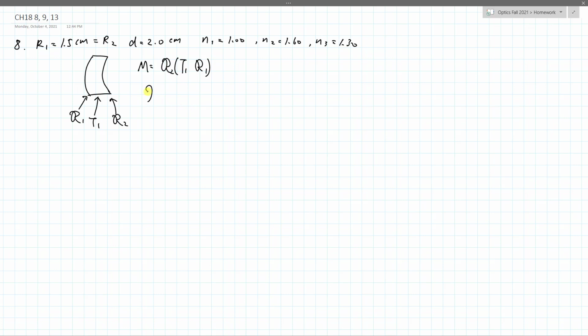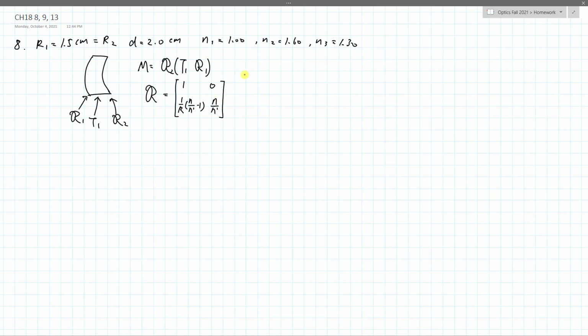Okay, so for the refraction matrix, let me grab that formula. It is 1 over R times the quantity N left over N right minus 1, and then the left side over the right side.